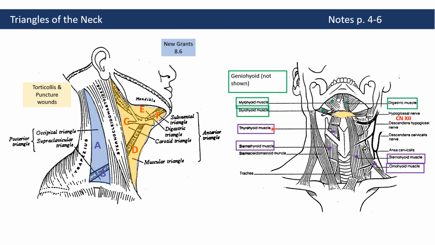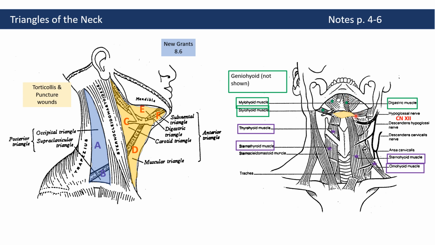The thyrohyoid muscle, which is a part of the infrahyoid group, is not innervated by the ansa cervicalis, but is innervated by fibers of C1 that are not a part of the ansa cervicalis. The muscles I've indicated in green are part of the suprahyoid group of muscles.